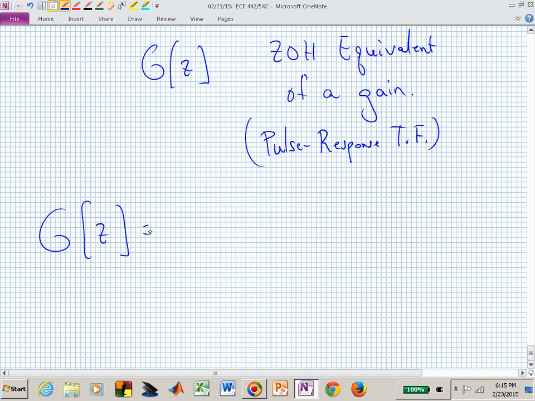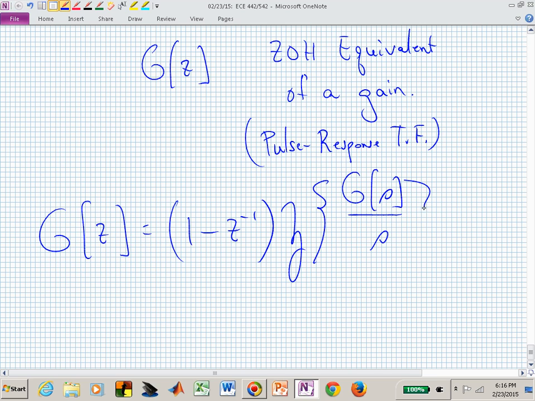We know what the expression is. That's 1 minus z to the minus 1 of the Z transform of the plant or the system, G of S over S.